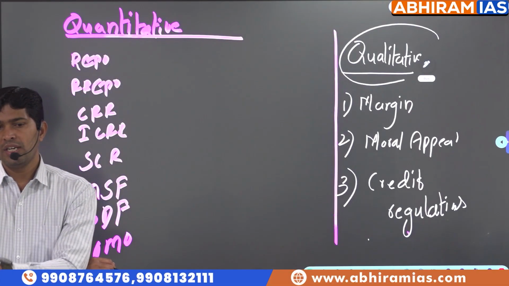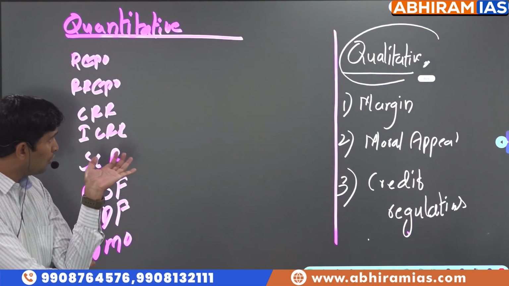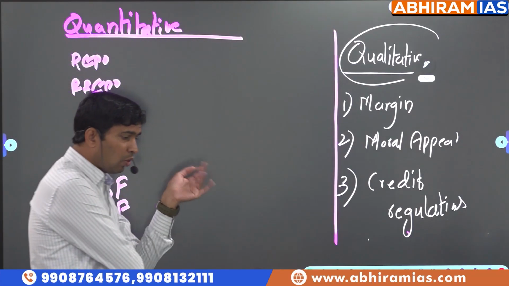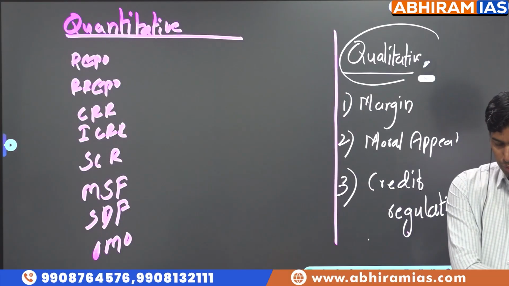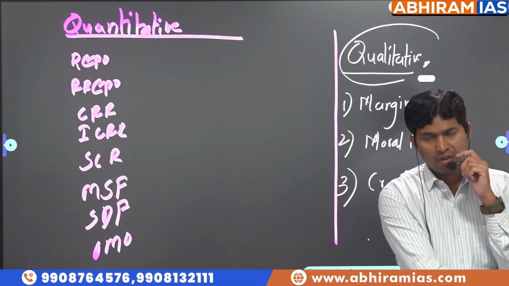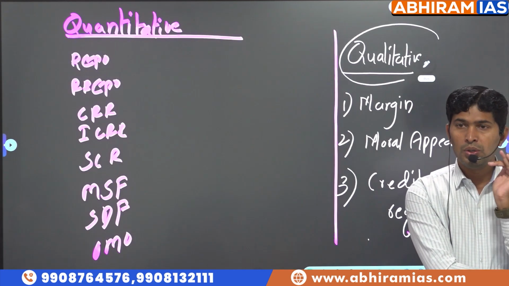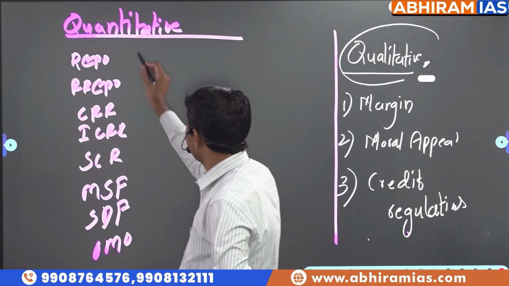So something which you can estimate is called quantitative. Something which you cannot estimate is called qualitative. So what are these quantitative tools? And for each tool, you are supposed to know what to do to increase money supply and what to do to decrease money supply.